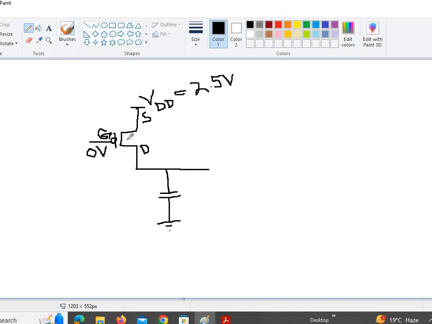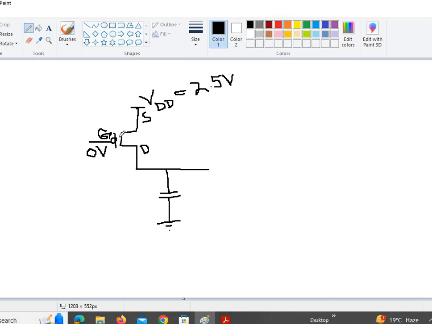So our VGS would be equal to 0 minus 2.5 volts, or minus 2.5 volts all the time, irrespective of the output. Once this transistor starts conducting, the output would start charging initially from 0 to 0.5 volts, 1 volt, 2 volts, and finally to 2.5 volts.